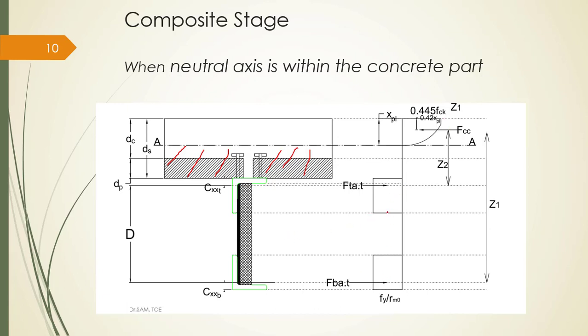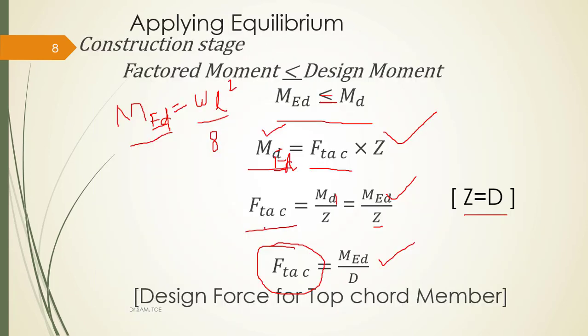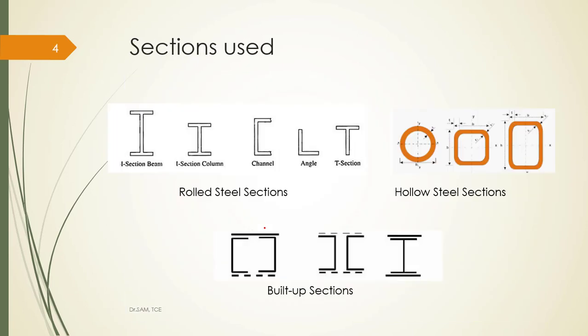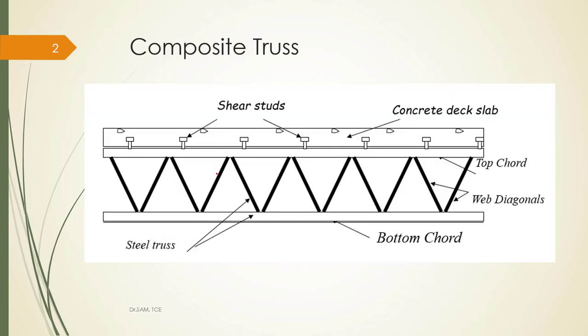Here the tension of the web member will not come into the picture, because I'll explain. In the configuration of a truss system, if I am calculating the moment capacity of the trusses, then the top chord, web member and bottom chord member together act as a truss system. But when you take a cross section at this particular point, where you have only the top chord as well as the bottom chord, the web member is not participating at this particular location.